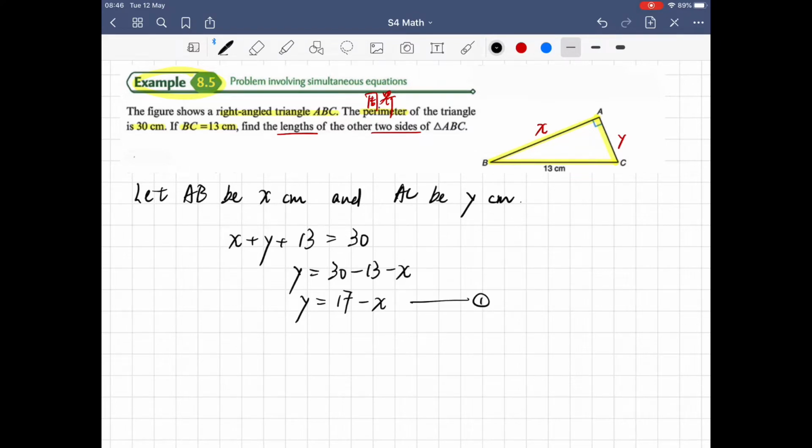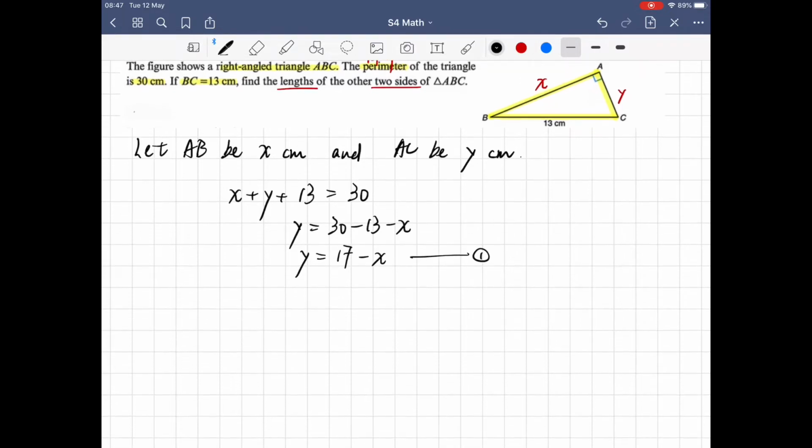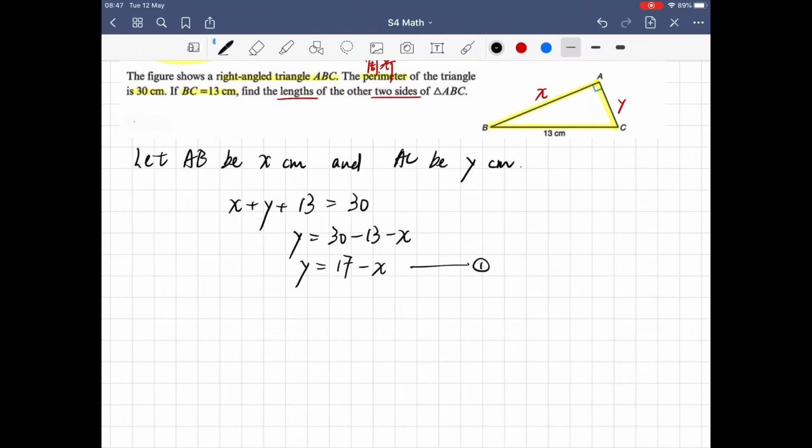Then as there are two unknowns, that means we have to set up another equation. So what should we do? And the answer is we can apply the Pythagoras theorem as the triangle ABC is a right angle triangle. Okay, so that means for Pythagoras theorem, we know that the square of x plus the square of y equals the square of 13.